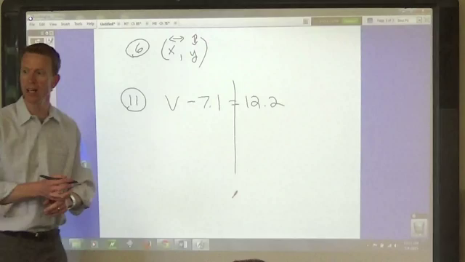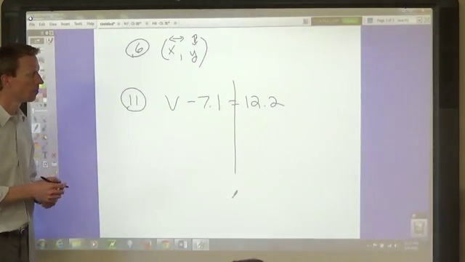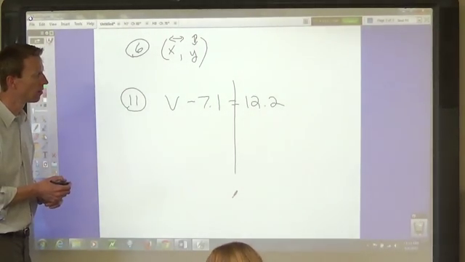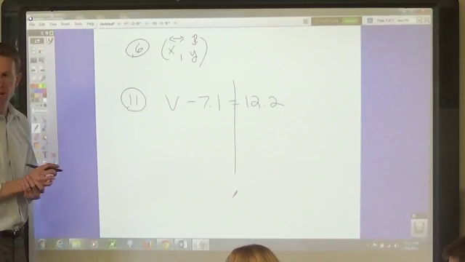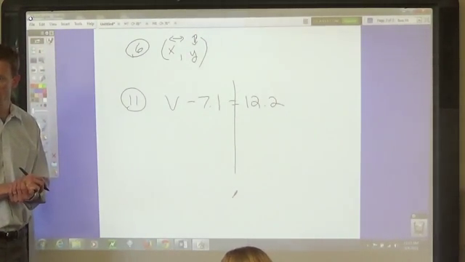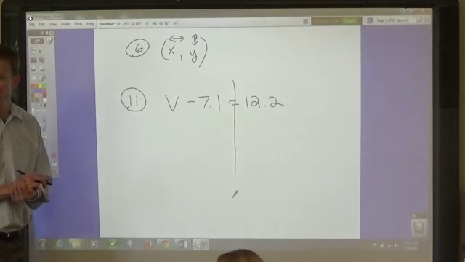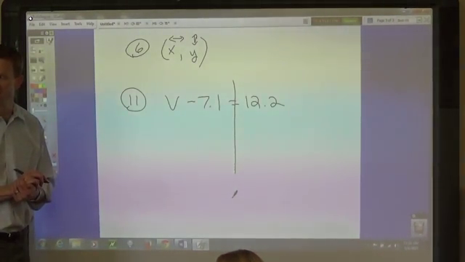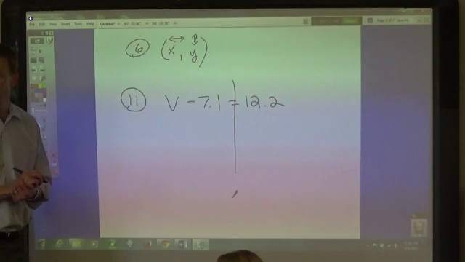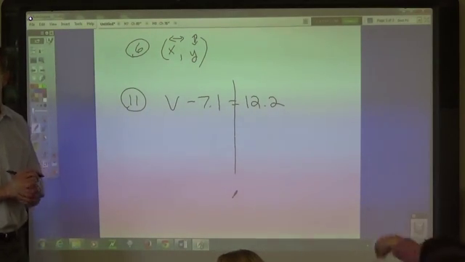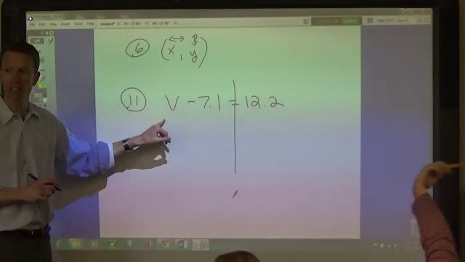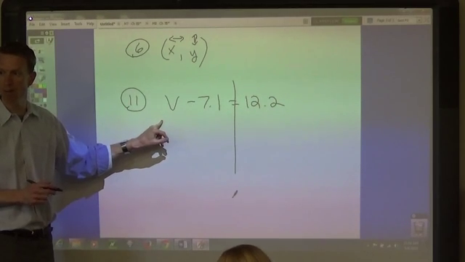So you have to do what? Add the two numbers together. Okay? How do you get the v by itself? Because when we're solving an equation, we have to get the v by itself.